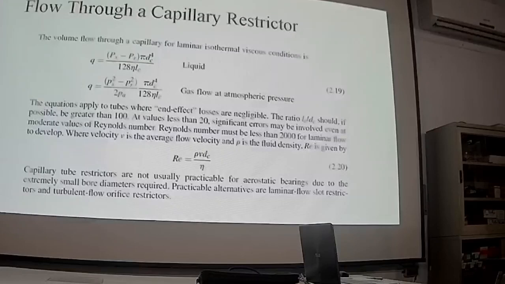The capillary restrictor is a laminar flow restrictor. So we should check the Reynolds number of the flow velocity to ensure it's in laminar flow. This is a formula you can use to estimate the Reynolds number. A Reynolds number smaller than 2000 will be laminar flow.